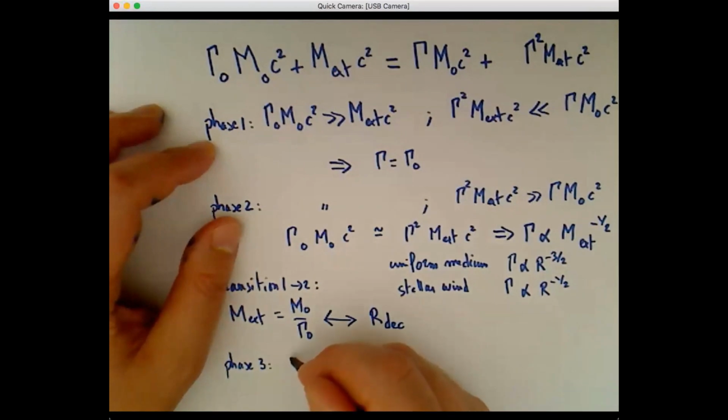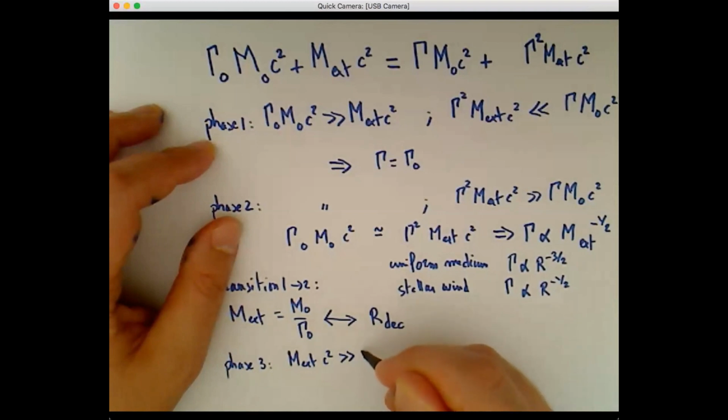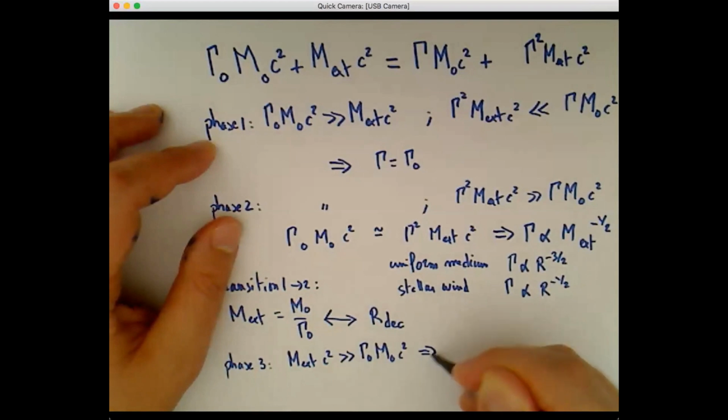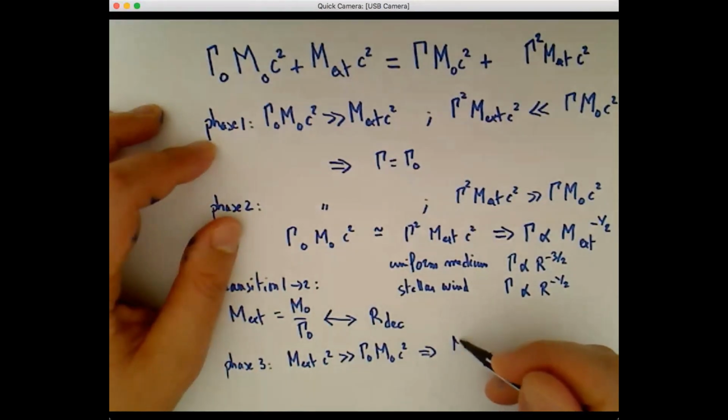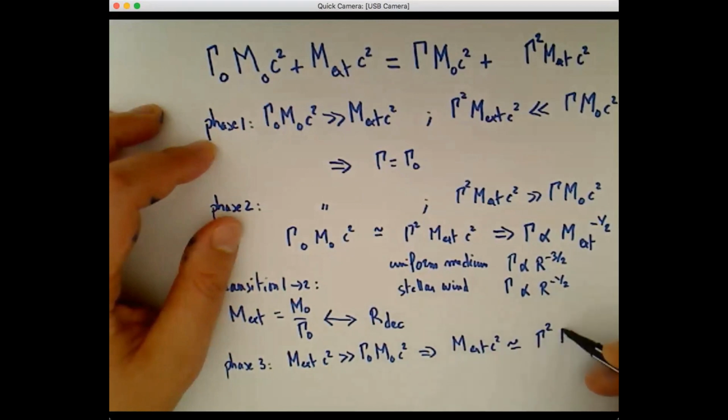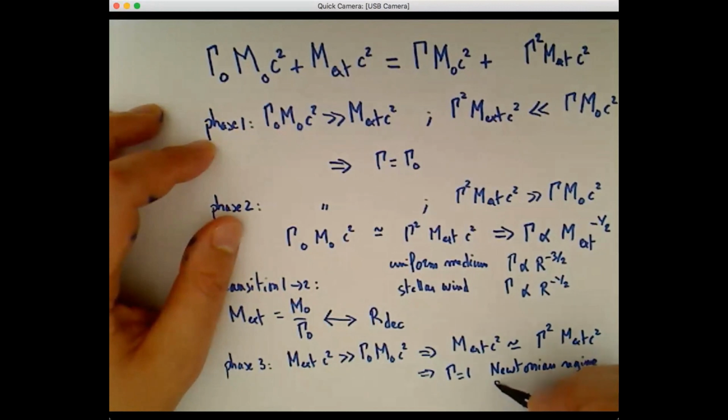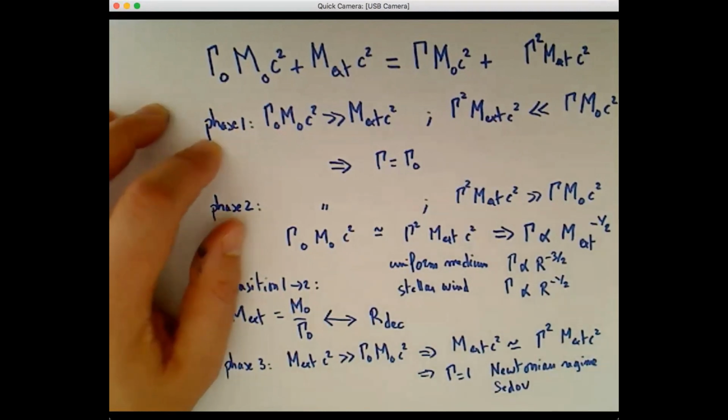So in the last case, if the rest mass energy of the external medium becomes larger than the initial energy of the ejecta, then the equation becomes that, meaning that the Lorentz factor is 1. This is a Newtonian regime. The ejecta is not relativistic anymore. And in this case, we recover the Sedov solution.